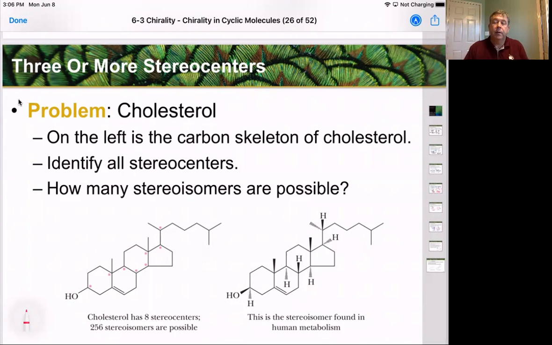And what's interesting about biological systems is because they use enzymes to create these things, we typically only get one possible isomer. But let's look at how many possible isomers there are for this steroid used in the human body called cholesterol.